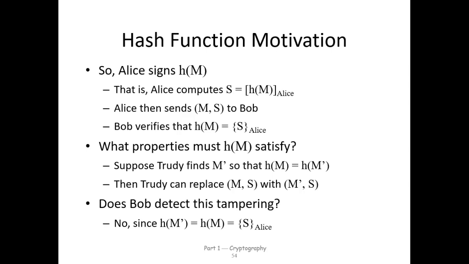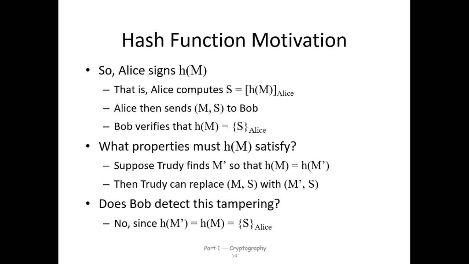So Bob doesn't detect the tampering. Bob thinks this message came only from the authorized sender, Alice.